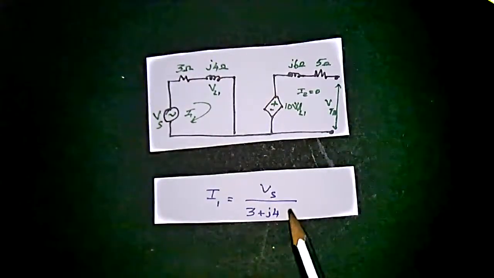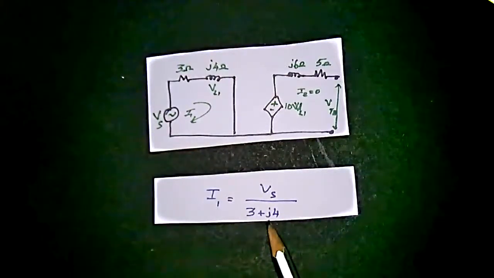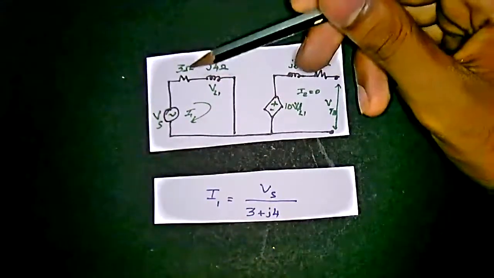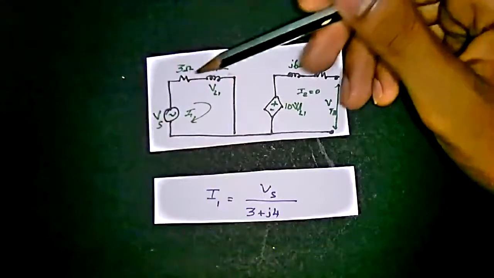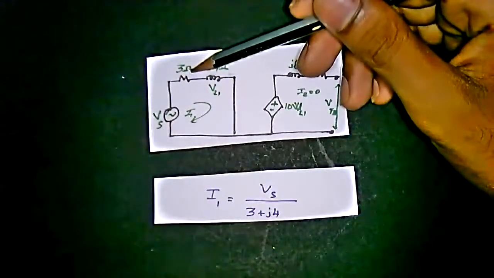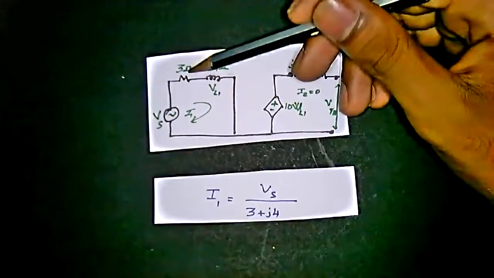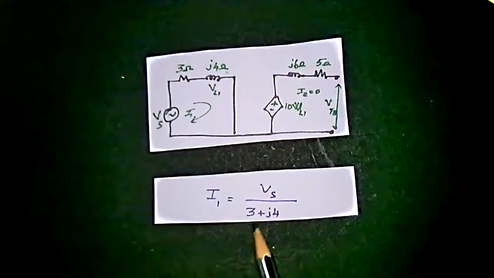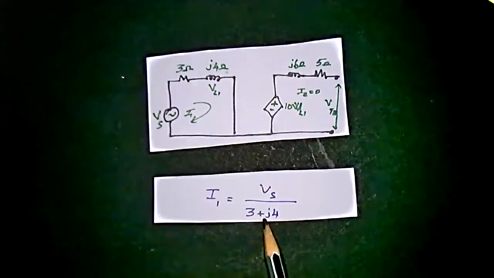So we have V_S divided by 3 plus j4. We just added these two values because they are in series. We have the impedance values of both the resistor and the inductance, so we add them. So I1 equals V_S divided by 3 plus j4.